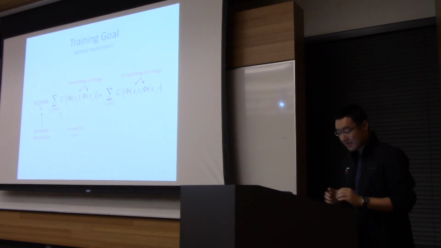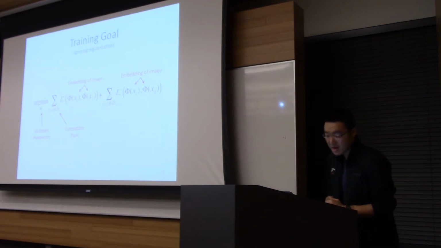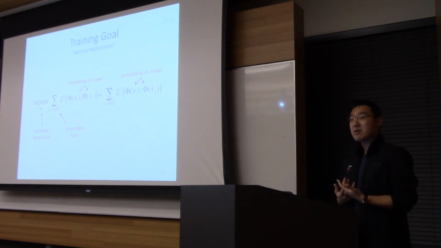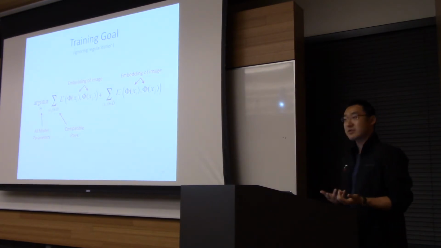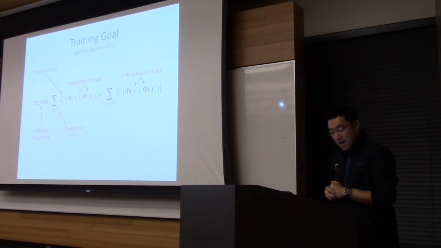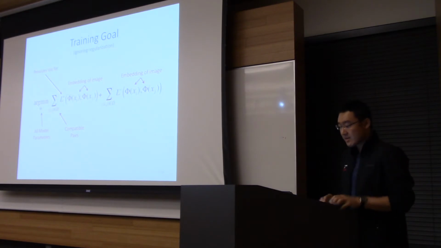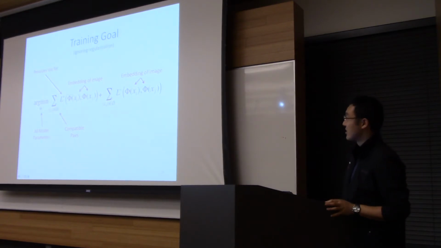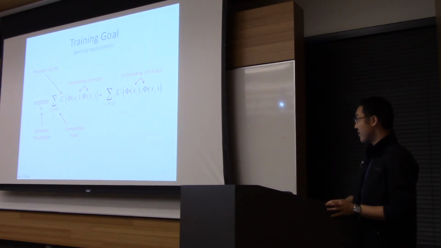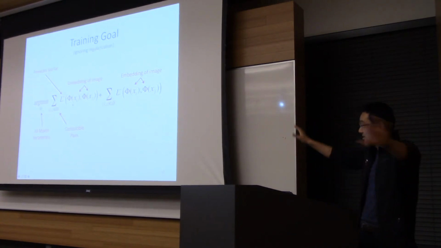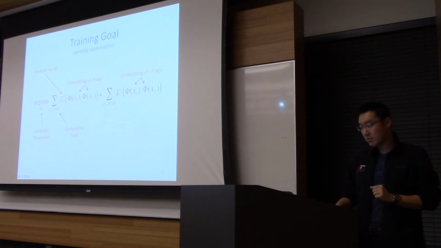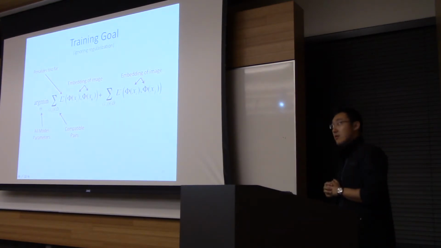The left summation sums over all compatible pairs as extracted from metadata on Amazon, like these two items are frequently purchased together. This loss function penalizes if these embeddings are too far from each other. So if the embedding representations for these two images are too far from each other in the embedding space, then this loss function will be large. Okay?